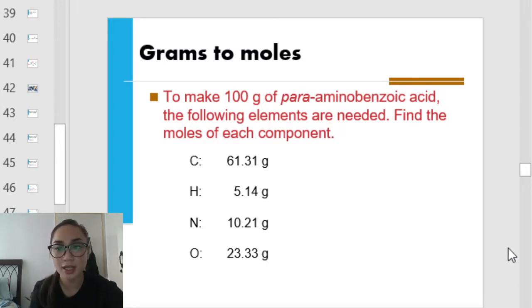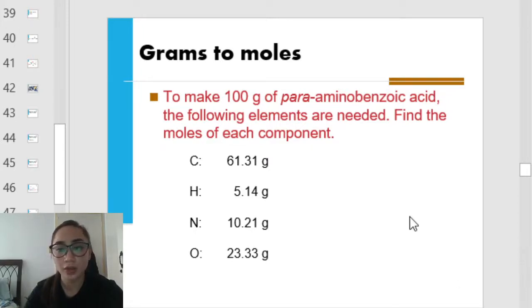So, for example, to make 100 grams of para-aminobenzoic acid, the composition of elements is carbon, hydrogen, nitrogen, and oxygen. The following elements are needed. Find the moles of each component. Again, our first step is to ask ourselves, what is given?